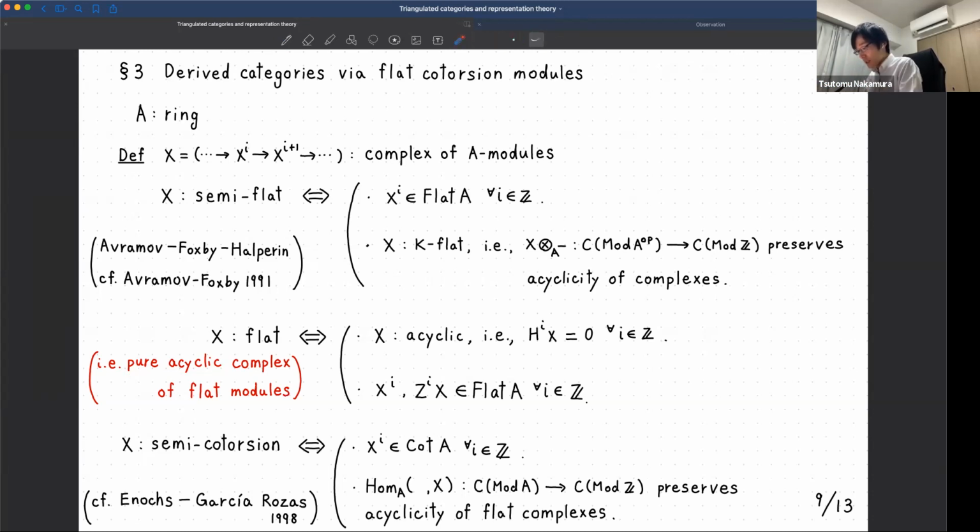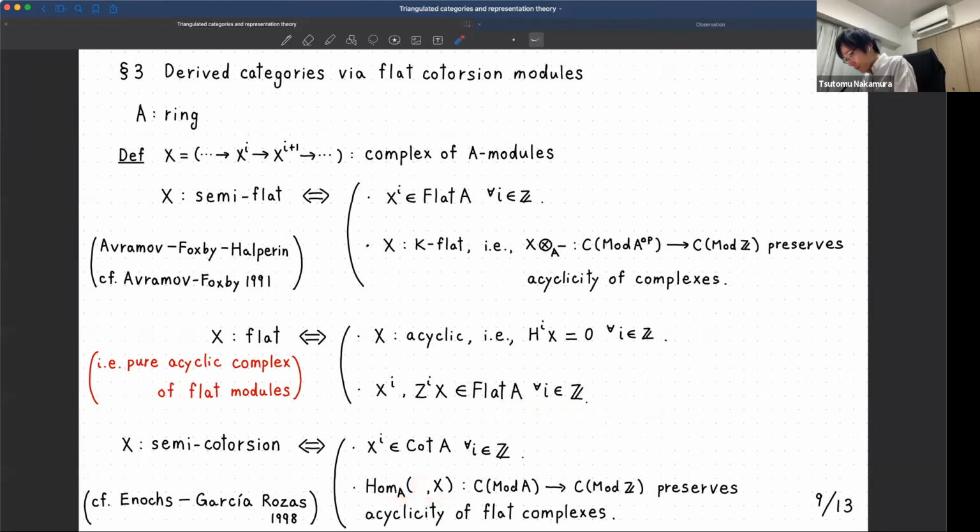Okay. And there is a natural notion arising from flatness. X is called semi-cotorsion if all components are cotorsion, and this functor preserves acyclicity of flat complexes. Namely, if F is a flat complex in the argument, then this complex will be acyclic.